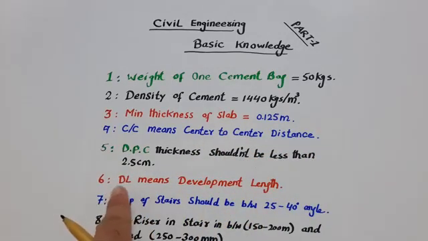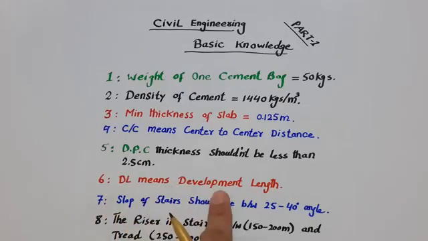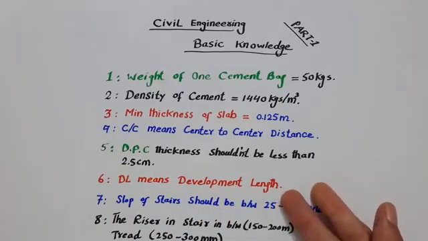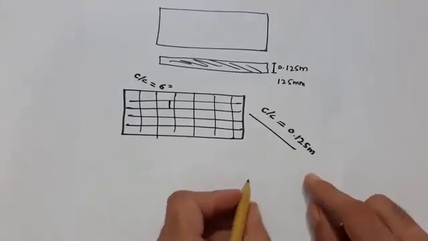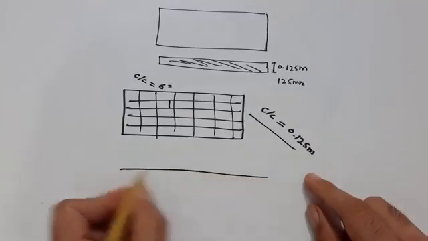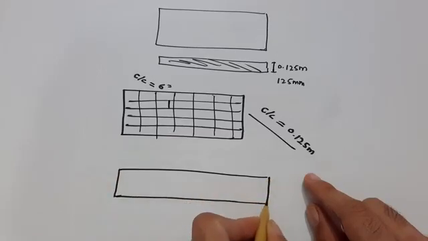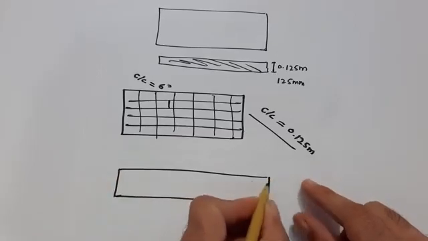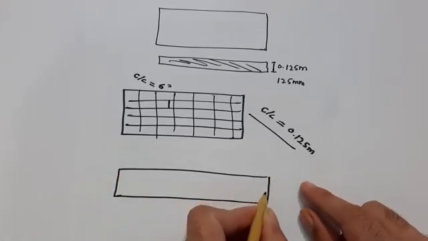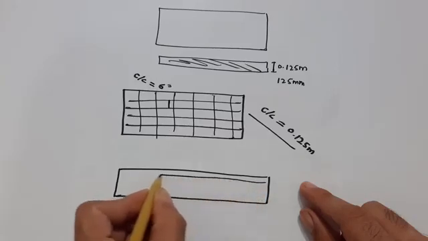The sixth one is, guys, DL, which means development length. What is development length? Guys, you can see here, this is a beam. Inside this beam I am providing the steel rods, in long section. These are steel rods.